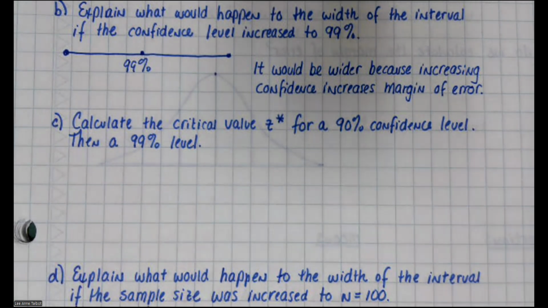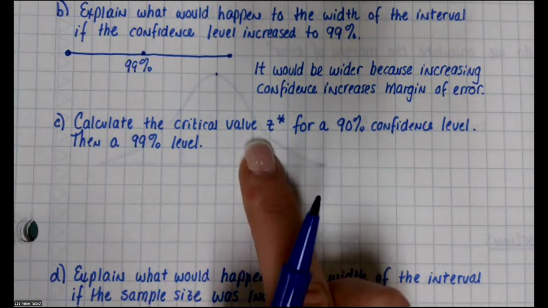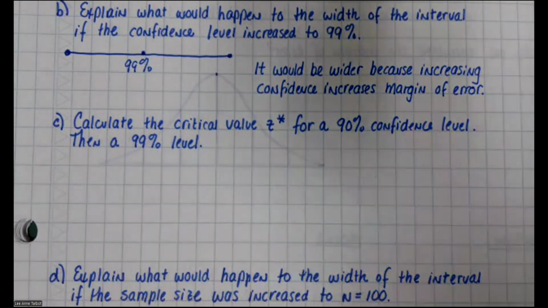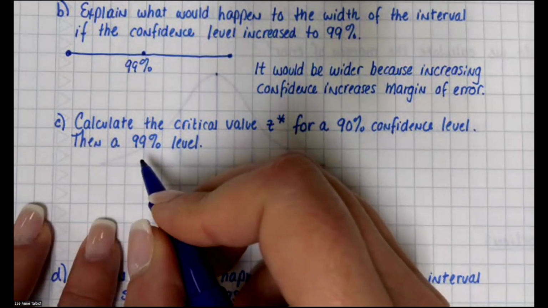Okay. C. Calculate the critical value Z star for a 90% confidence level, then a 99% level. So these are the two previous ones in A and B. Remember what the critical value Z star is: how many standard deviations out on either side. So 90 should be smaller.